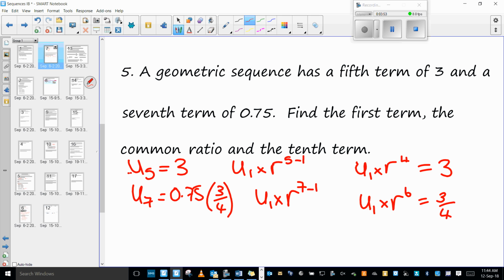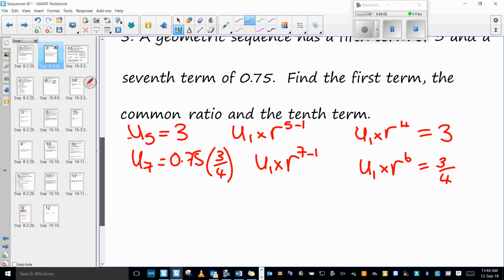You can divide them. If we divide this whole equation by this whole equation, what's going to happen to my U1?